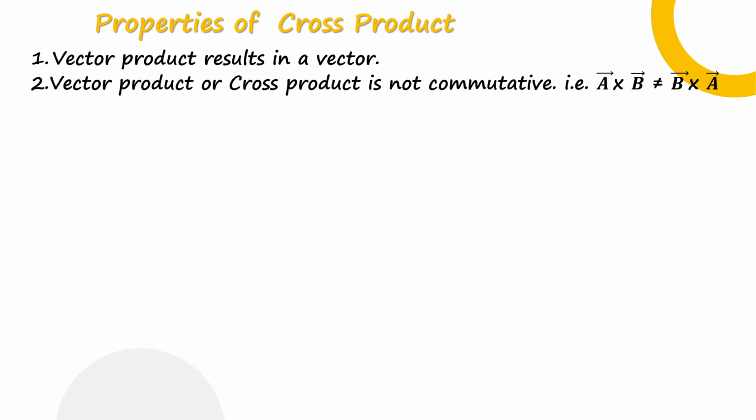Now, what are the properties of the cross product? First, the vector product is a vector. Second, the vector product or cross product is not commutative. That is, vector A cross vector B is not equal to vector B cross vector A. Third, the cross product of alike unit vectors is 0.